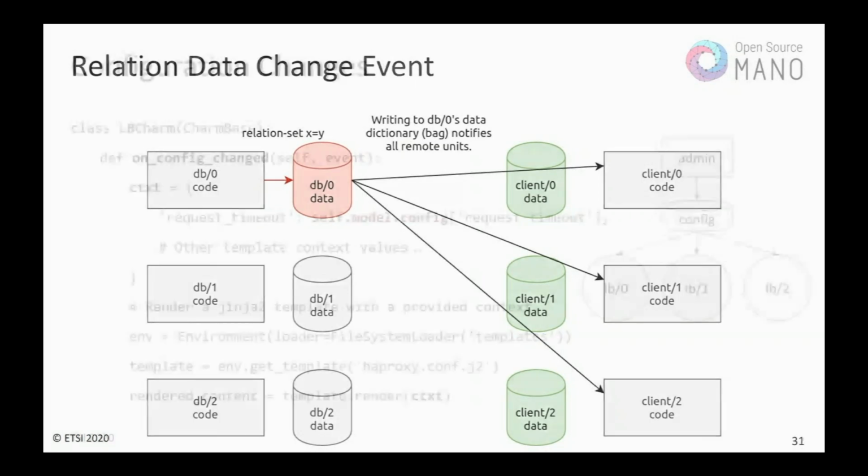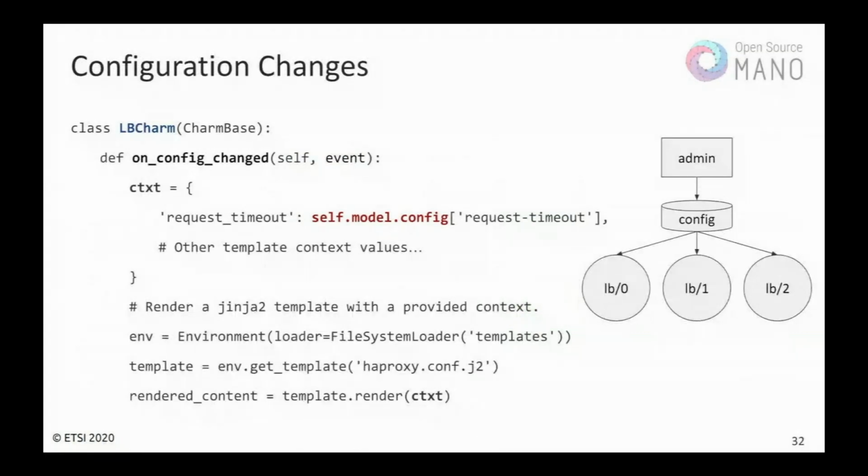There is also a different kind of topology change, which is change in configuration. So an admin can modify the configuration for a given application, and in order to access the config, you would use the model provided by the framework. So in this case, you have a load balancer application, and it has a request timeout config.